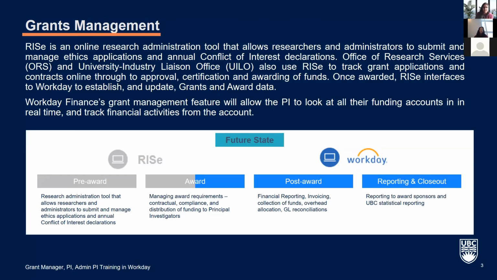So the grants management, RISE, is an online research administration tool that allows researchers and administrators to submit and manage ethics applications and annual COI declarations, Office of Research Services, ORS. So if you have a grant, you probably get an RPB email sent to you saying that your grant is now available.